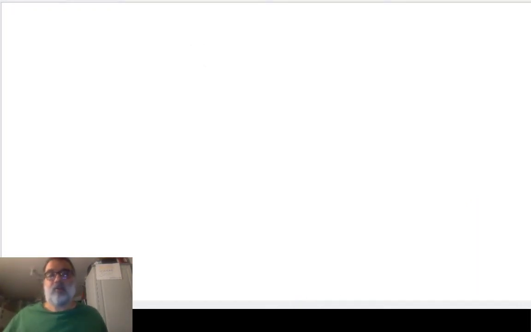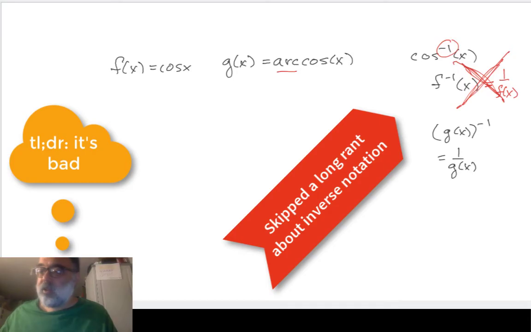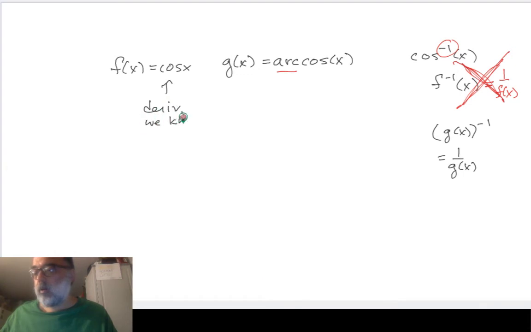How will this work out for cosine? So this is the one, the derivative we know. Maybe you remember the derivative of sine is cosine, and the derivative of cosine is negative sine. How do you remember that? How do you keep straight which one is positive, which one is negative?